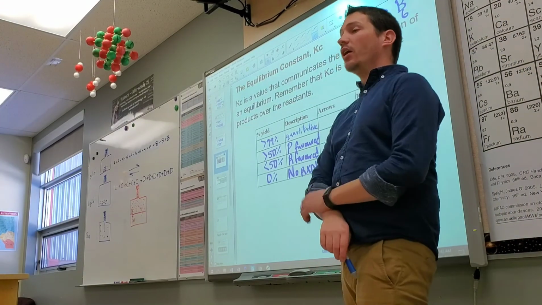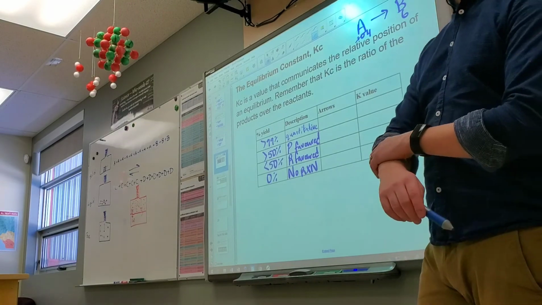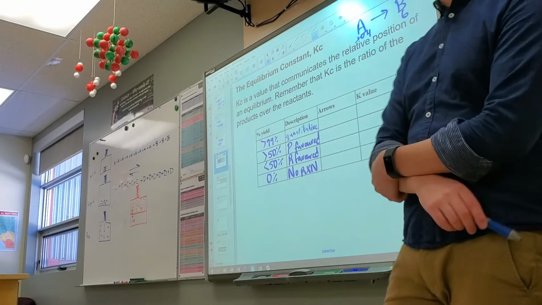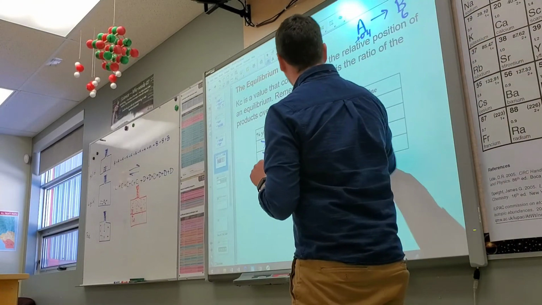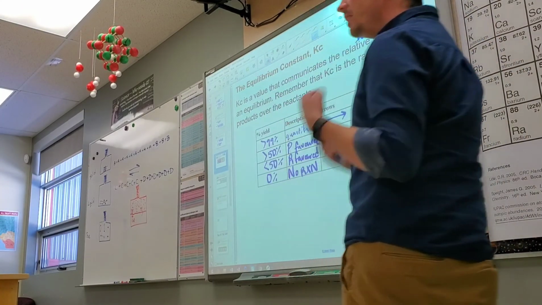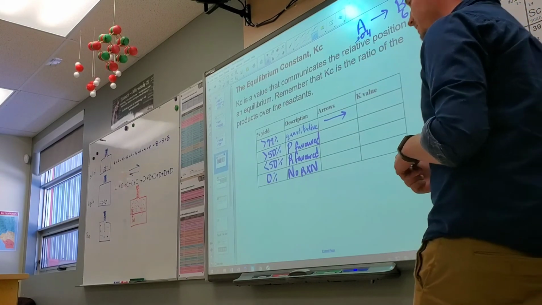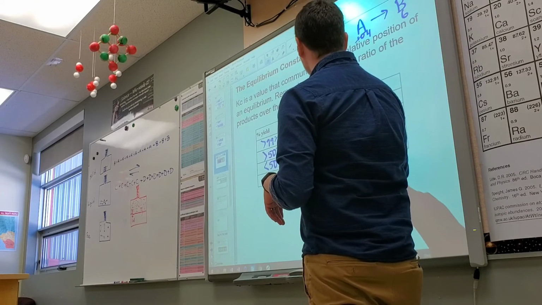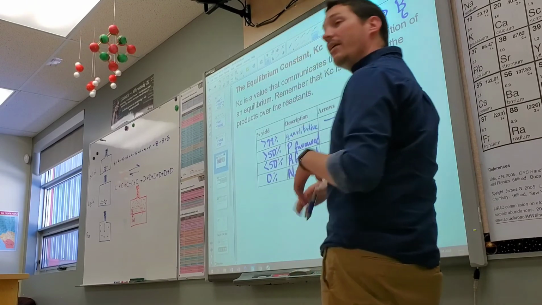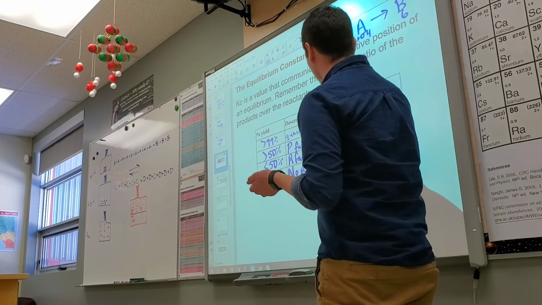What kind of arrow would we use for a quantitative reaction? Just one arrow. That's all you need to show me that this reaction is 100% in one direction. Products and reactants favored are the equilibrium arrows, but we have to put greater than or less than 50% above it, right?